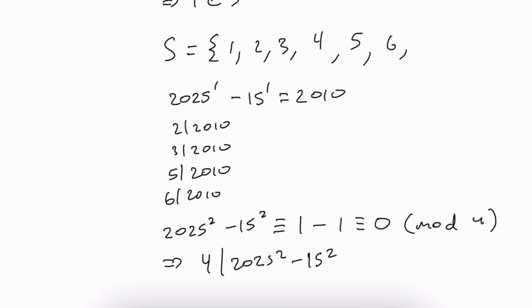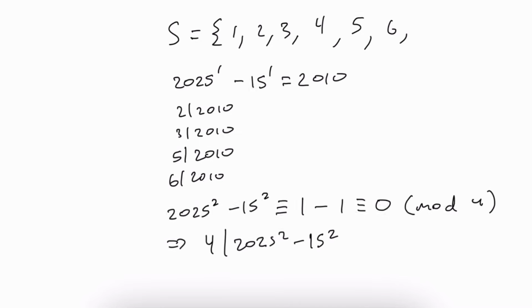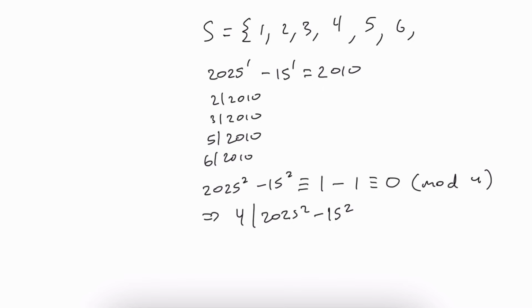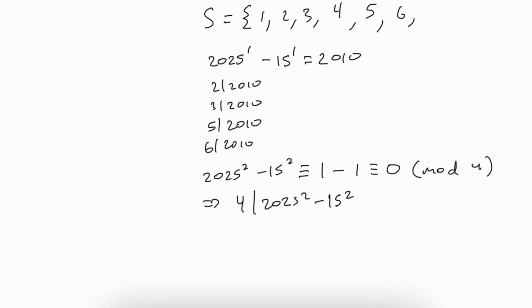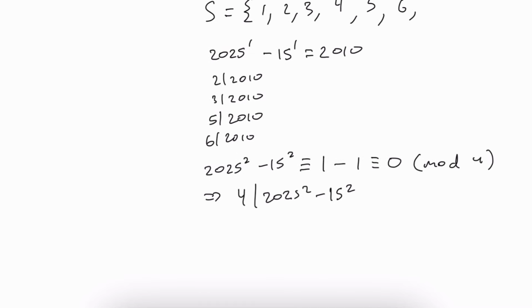We have 5 and 6, but what about 7? Yeah, we can't necessarily tell. You sort of just have to try a bunch of these powers and see where you get. But I guess if you just try 3, I think you'll get that 7 divides this. I think 2025 is congruent to 2 mod 7, and 15 is congruent to 1 mod 7.